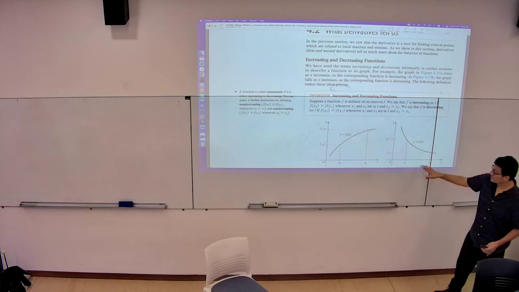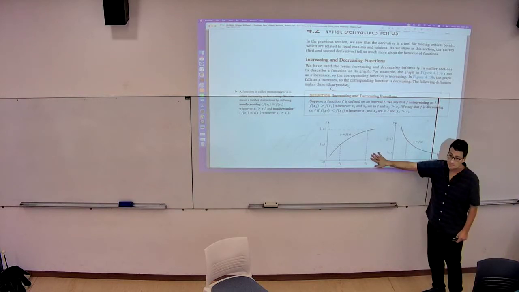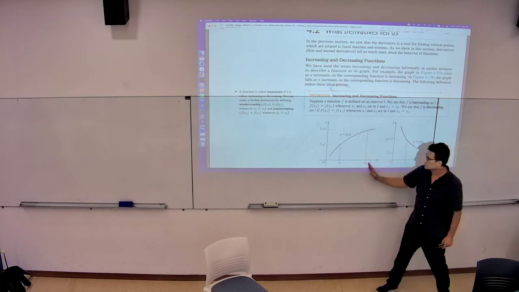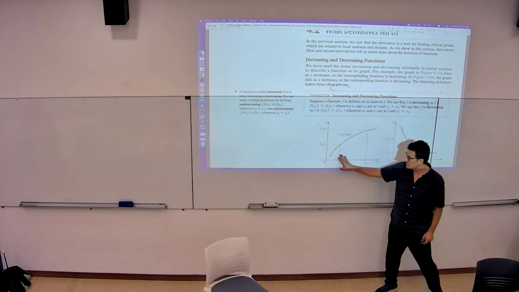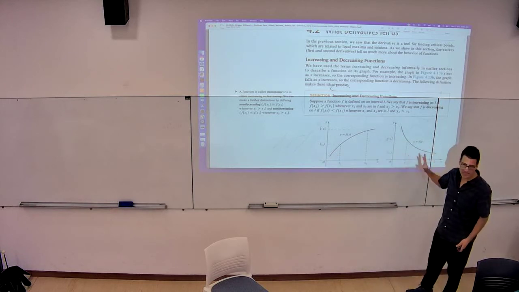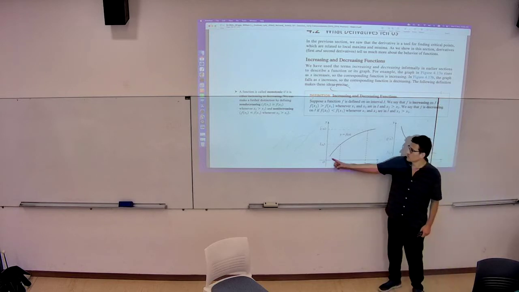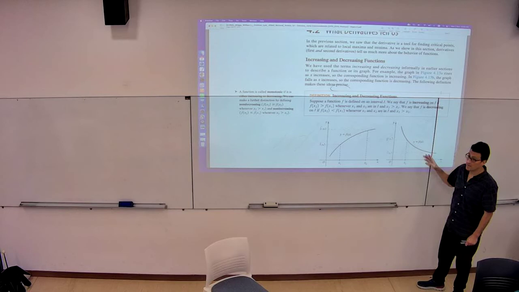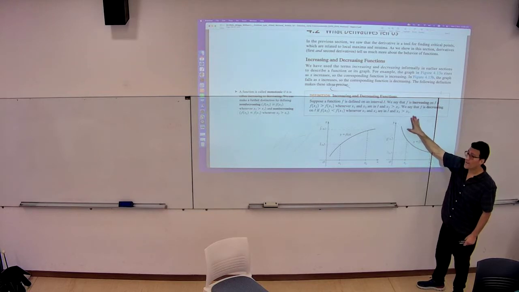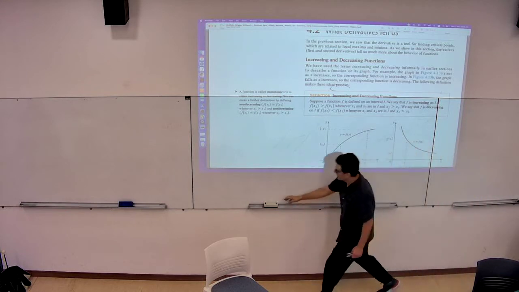If that happens for all points x1 and x2 in the domain of the function or on a certain interval, the function is increasing respectively or decreasing on that interval. So increasing functions look like this, decreasing functions look like that. And now we have a mathematical way to describe that phenomenon. Do you understand?